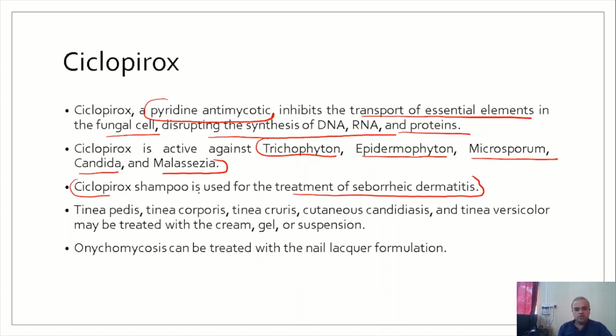Tinea pedis, tinea corporis, tinea cruris, cutaneous candidiasis, and tinea versicolor may be treated with cream, gel, or suspension of ciclopirox. Onychomycosis can be treated with a nail lacquer formulation. You can see this formulation is something different from the formulations which we have, so a novel formulation of ciclopirox for the treatment of onychomycosis.